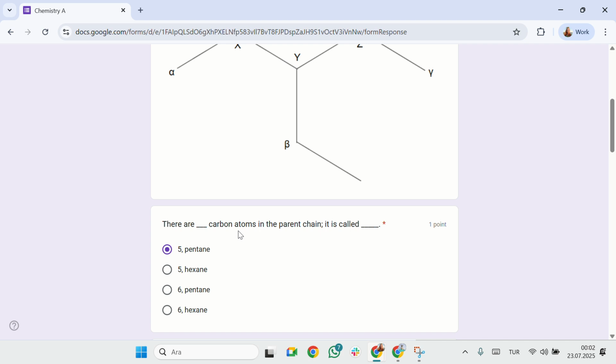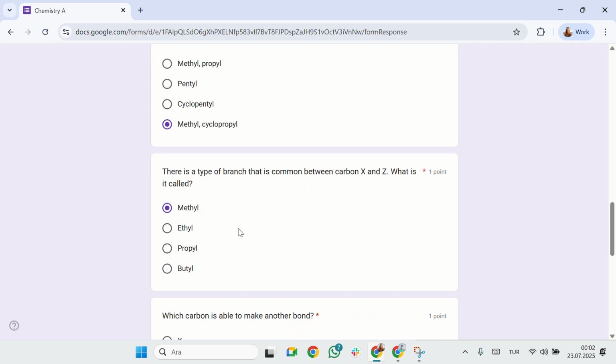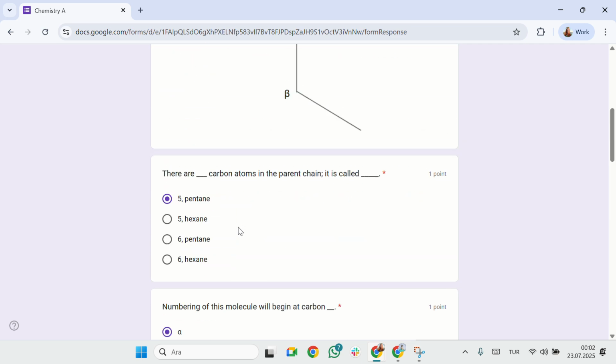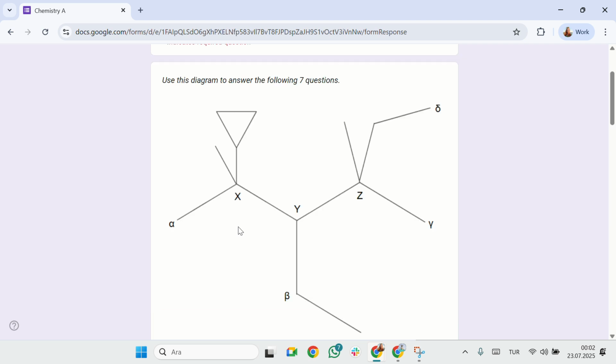I will only count the carbons, and I know this will be a wrong answer because these branch names should be added in, but I'm gonna go with counting the carbons now. 1, 2, 3, 4, 5, 6, 7, 8, 9, 10, 11, 12.